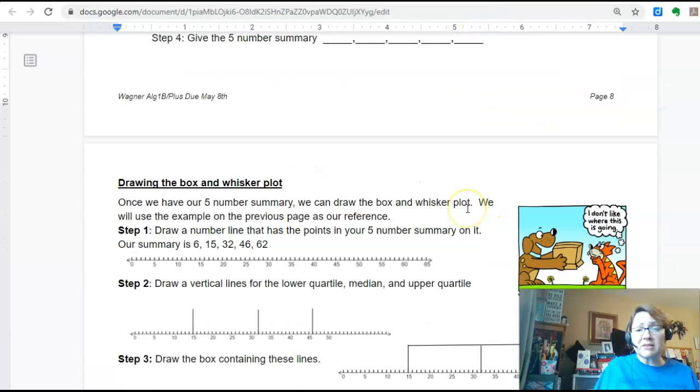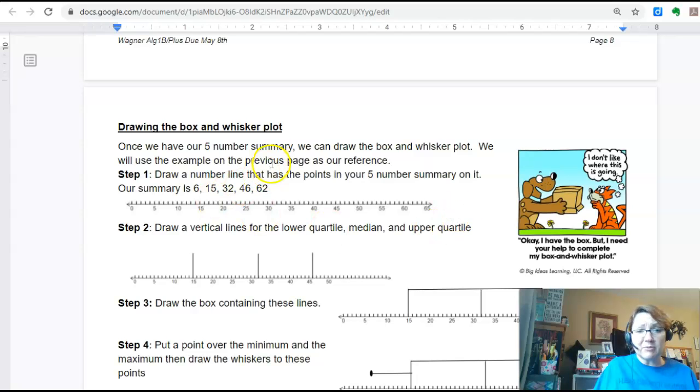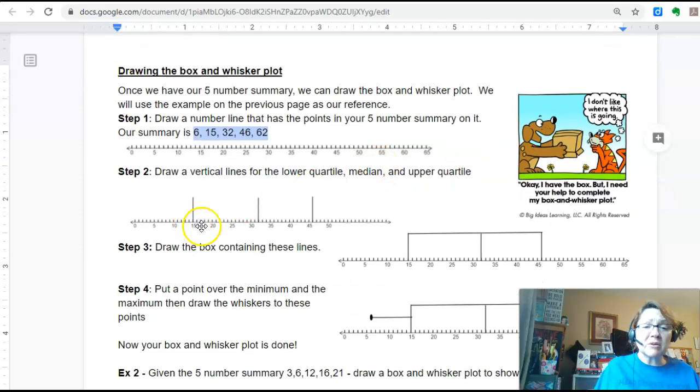So that's all stuff we did before, but the next thing that we want to do with these numbers, 6, 15, 32, 46, and 62, is we want to figure out how do we draw a box and whisker based on that. Well, the first thing that you want to do is draw the vertical lines for the lower quartile, which is 15.